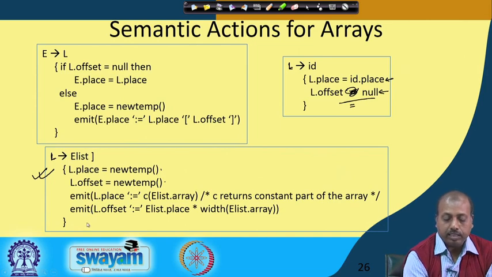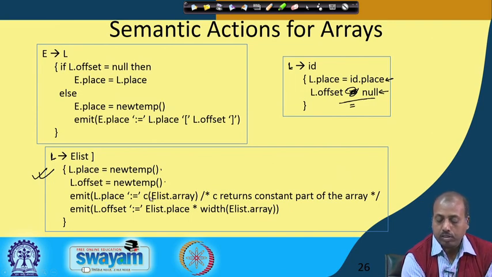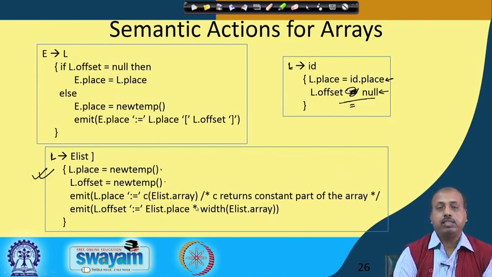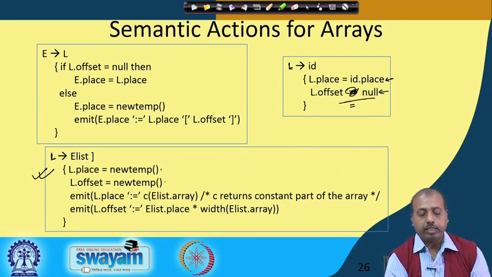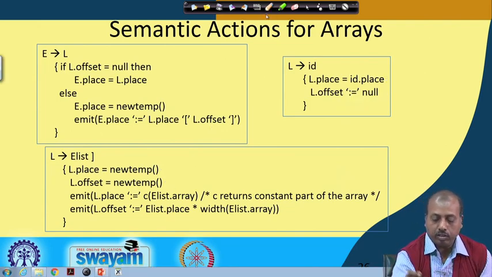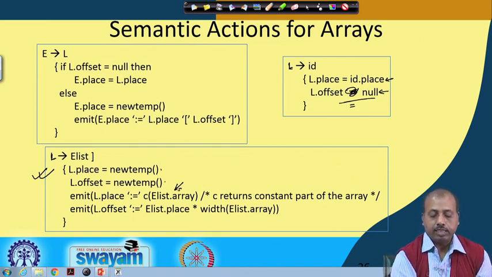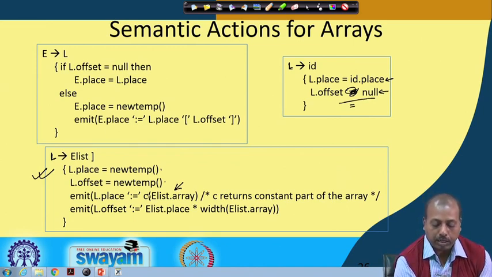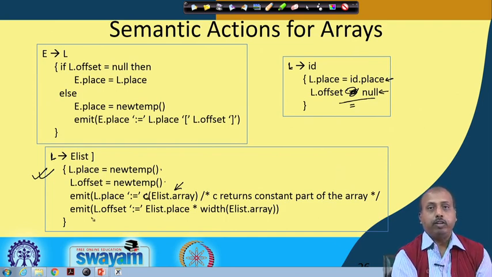Now, after that I have to generate this piece of code, that is this new temp equal to the constant part of the array, which will have base plus etcetera. That constant part of the array is available in the symbol table. E list dot array holds the name of the array, and the constant part will be retrieved from the symbol table and assigned to L dot place.